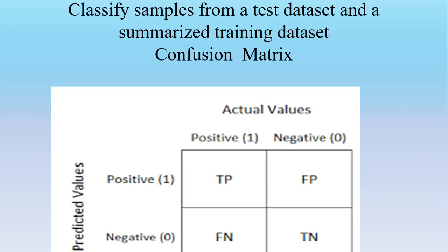Then true negative is the count of negative instances which the classifier is correctly able to identify as negative. Then false negative is the count of instances in which the identification of the classifier is negative but practically they are positive.